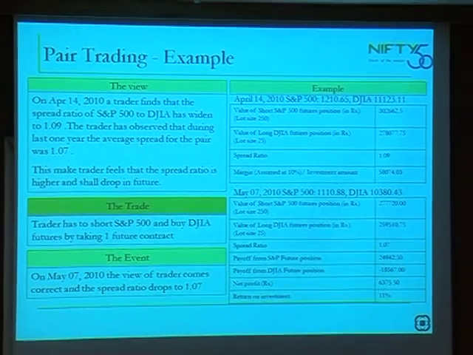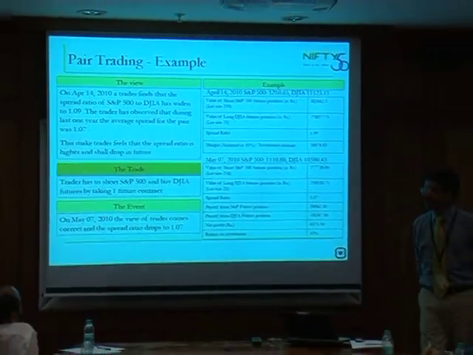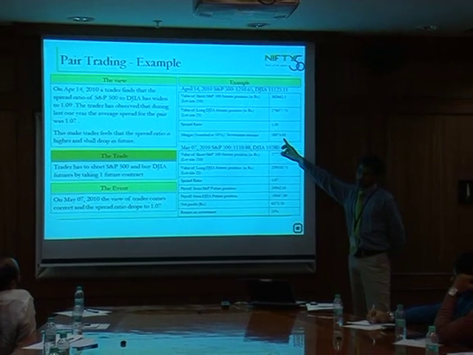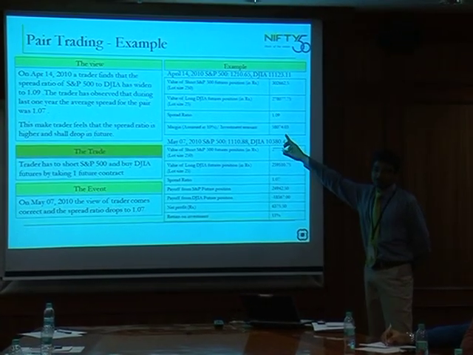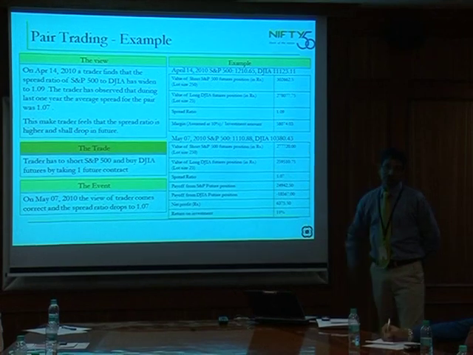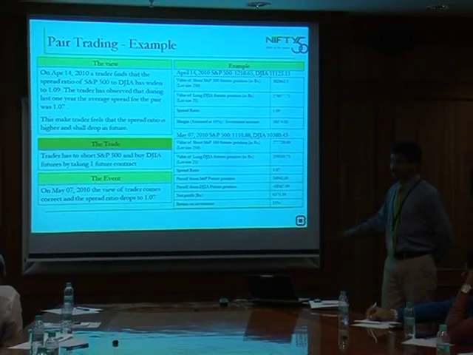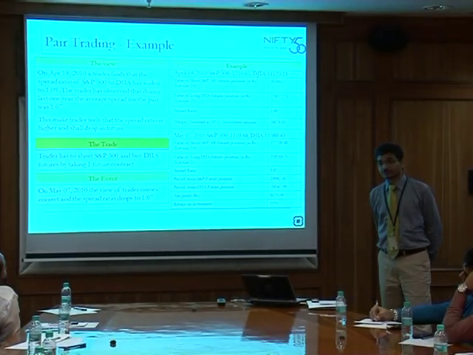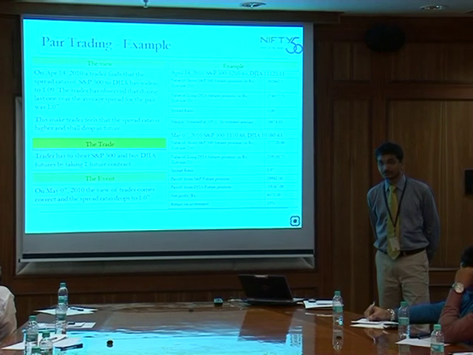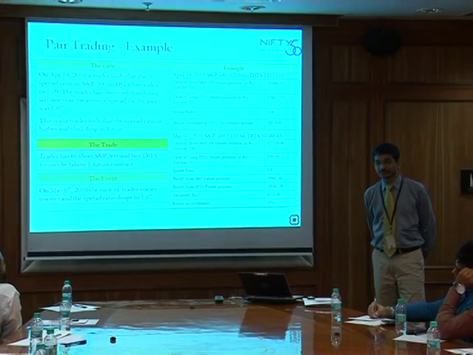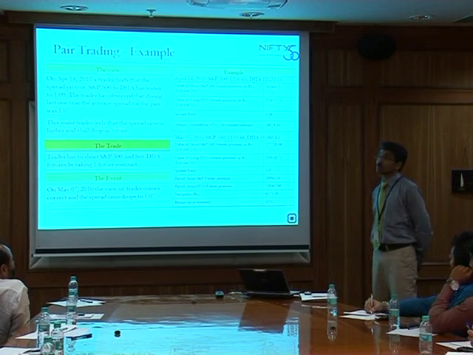Cross margin benefit is 75%. So in fact, this figure will come down to around 15,000. Considering STT, stamp duty, whatever you pay, I don't think there will be much spread.